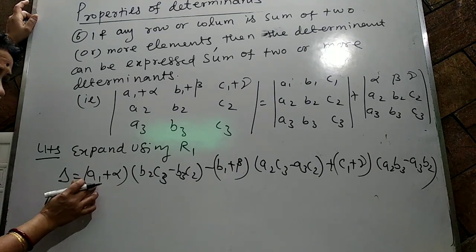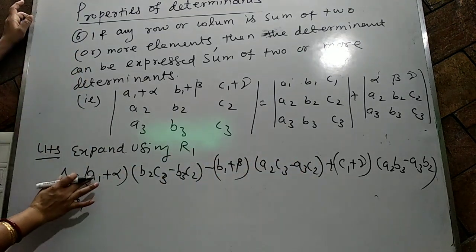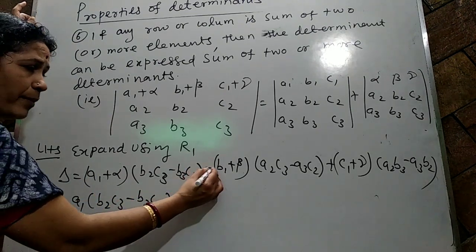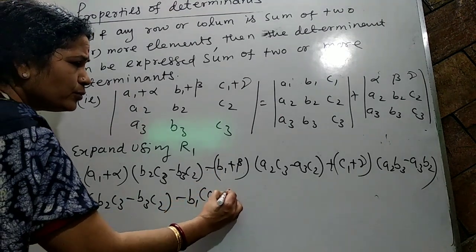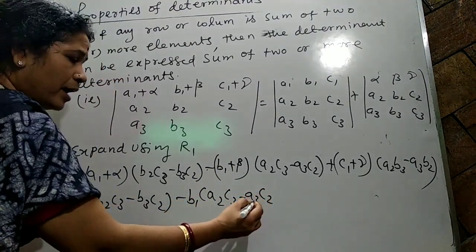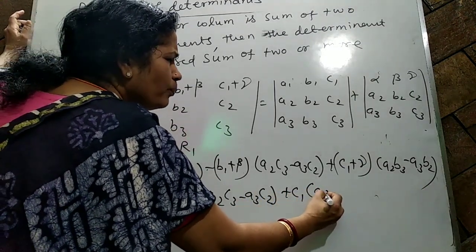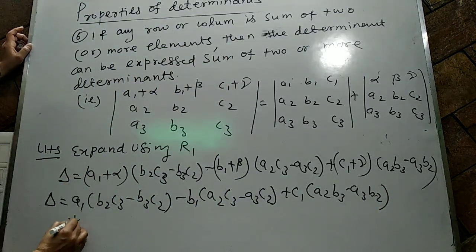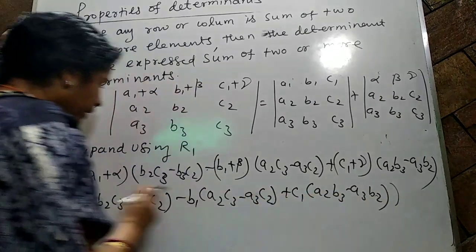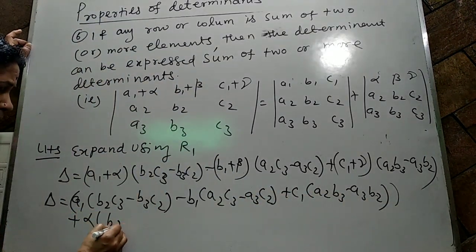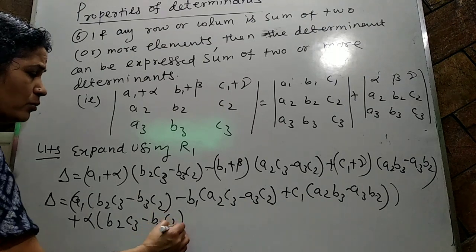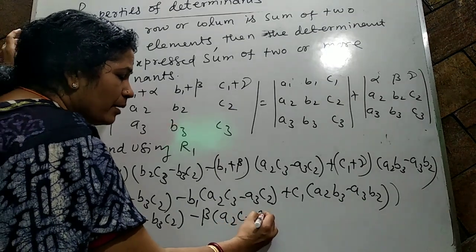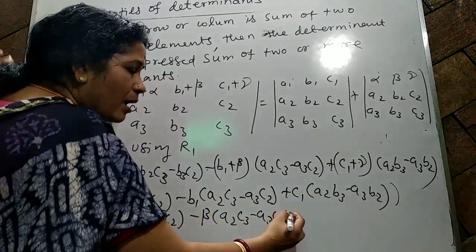First I'm collecting A1, B1, C1: A1 into B2C3 minus B3C2, then minus B1 into A2C3 minus A3C2, and then plus C1 into A2B3 minus A3B2, and then plus another determinant: alpha into B2C3 minus B3C2, then minus beta into A2C3 minus A3C2, and then plus gamma into A2B3 minus A3B2.